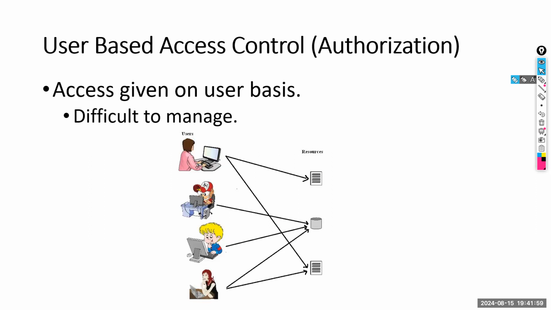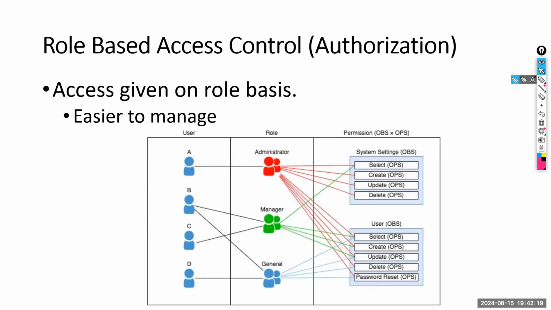If you have 100 users, you give access to these 100 users separately: access to this report, access to this particular action. That is okay for a very small system with few users, but it's not scalable. So when you have big organizations with branches and a lot of users, we always go for role-based authorization.